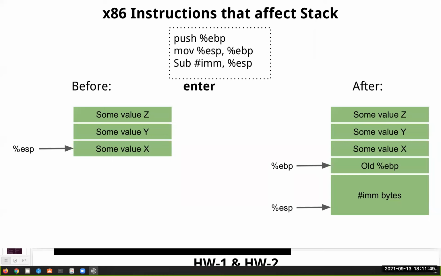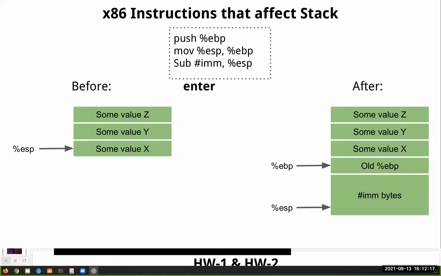Then there is something called enter and leave. So enter is just equivalent. One enter instruction is equivalent to those three instructions. Because at the software layer, the compiler always generates those three instructions at the beginning of a function.